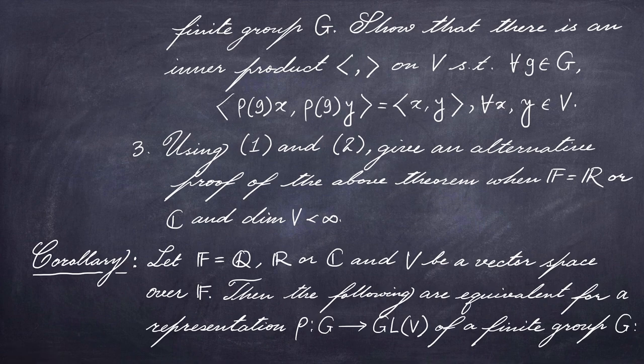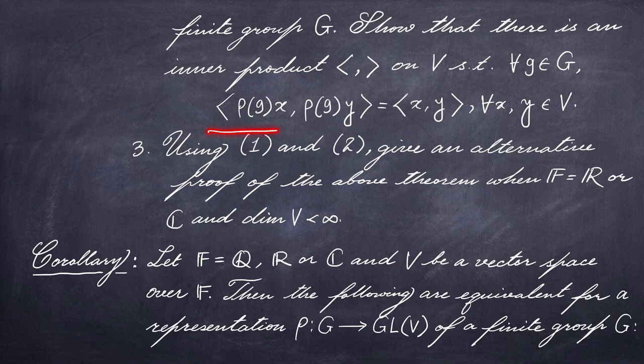And now combining the first and second exercise, we can give an alternative proof of the theorem in this situation. I am leaving that to you as an exercise. I think you already have the idea: you first have to put an inner product appropriately.